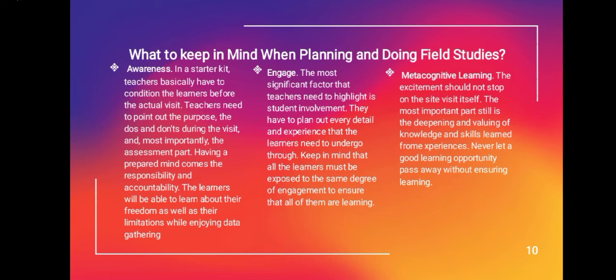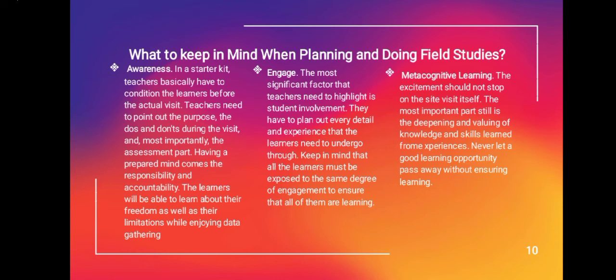Next is engage. The most significant factor that teachers need to highlight is student involvement. They have to plan out every detail and experience that the learners need to undergo. Keep in mind that all the learners must be exposed to the same degree of engagement to ensure that all of them are learning.